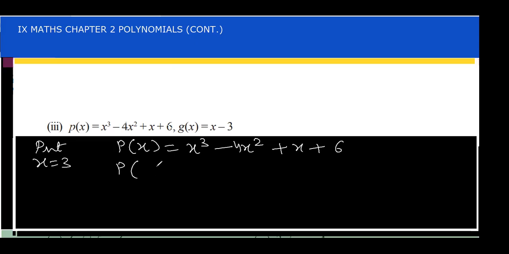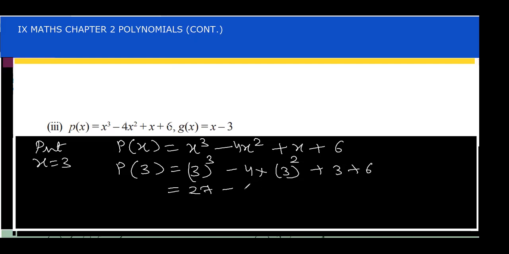Replace करिए, you replace x by 3. 3 power 3 minus 4 into 3 power 2 plus 3 plus 6. 3 power 3 is 27, minus 4 into 3 square is 9, plus 6 plus 3. So that is 27 minus 36 plus 9, minus 36 plus 36 is 0.